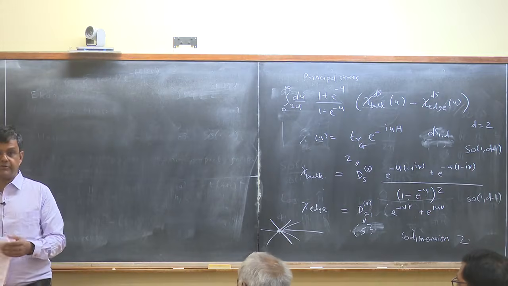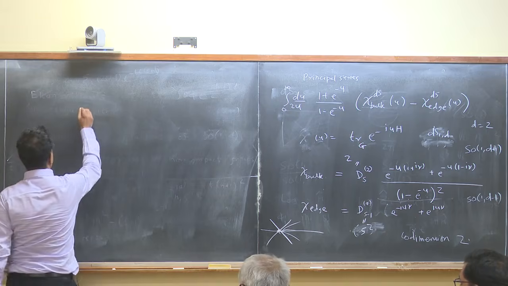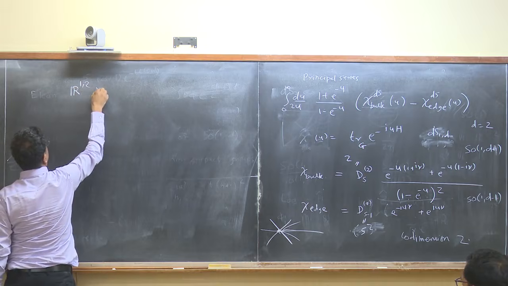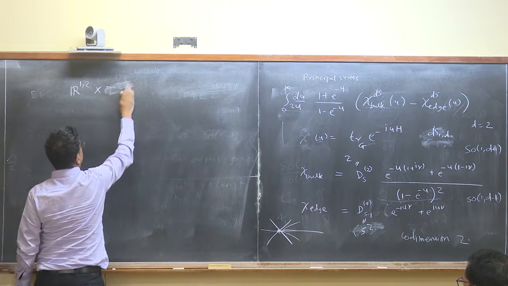Okay, now let me talk about edge modes in string theory. Imagine you take bosonic string theory compactified on R^{1,2} cross T^23, or S^1 to the power 23.